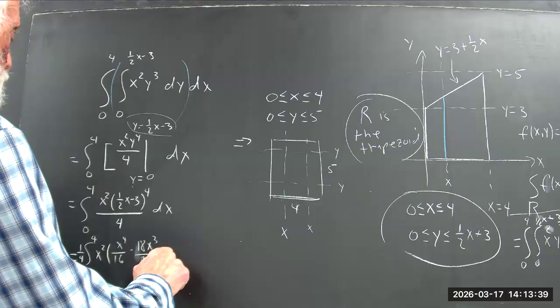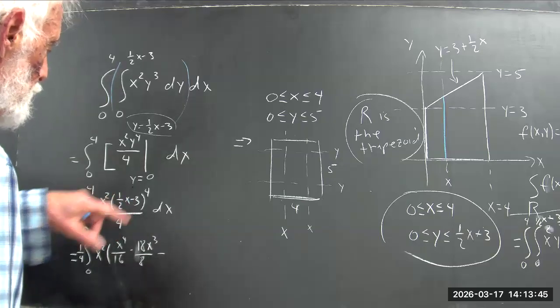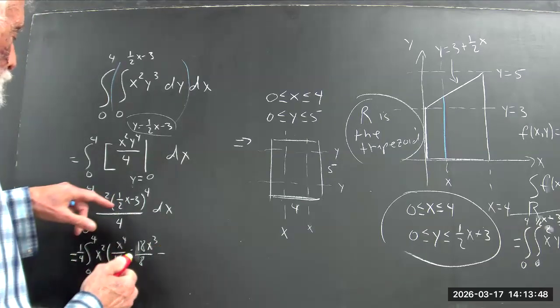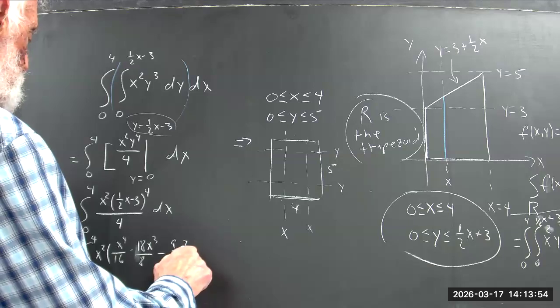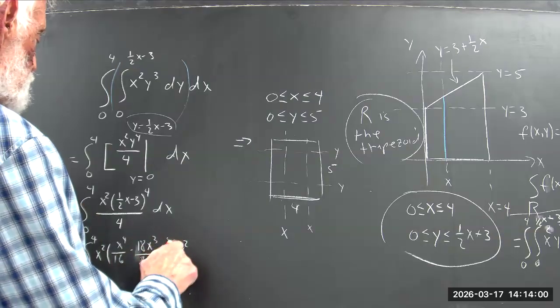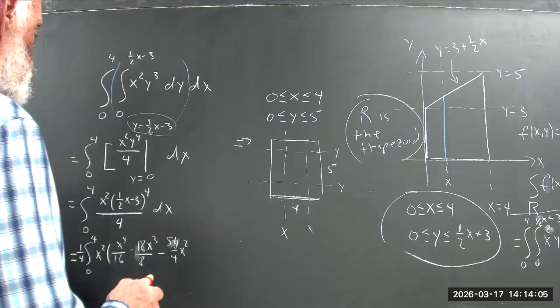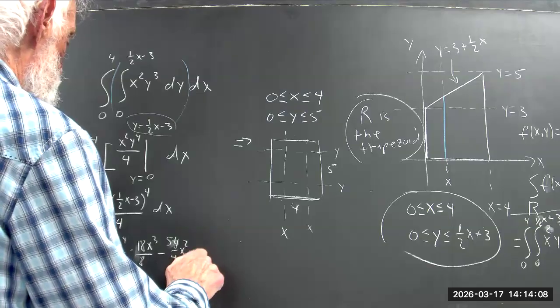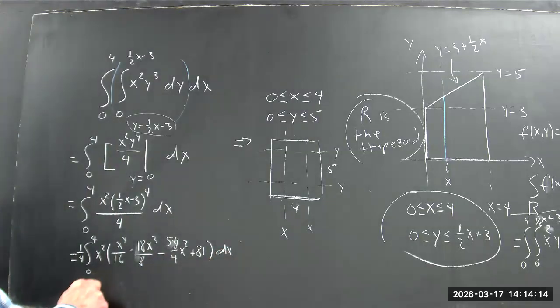It's probably wrong. And then x squared times 3 squared, which is 9x squared. 1/2 has to be squared, 9/4 x squared. That's got to be multiplied by 6. And plus 81 with respect to x. There's probably at least one mistake, maybe 12, in what I just did in my feeble brain.